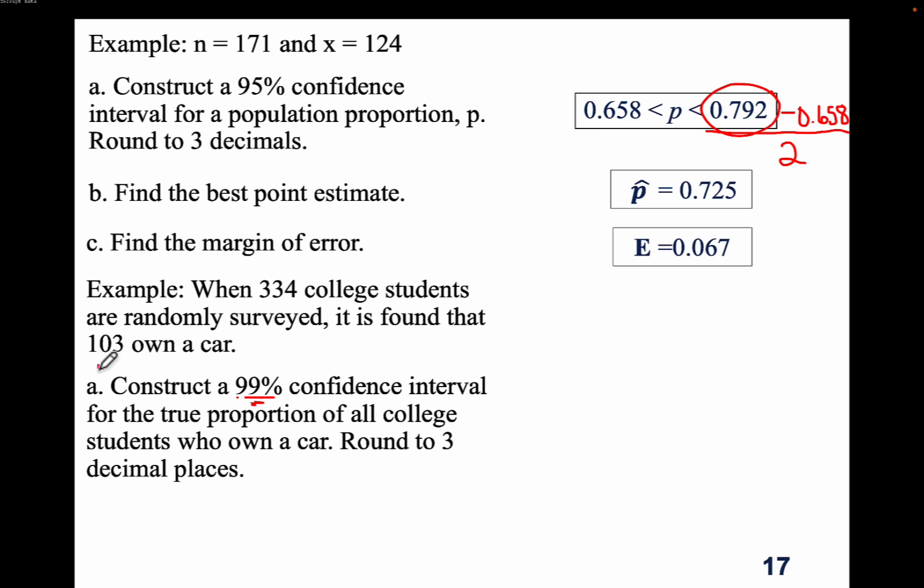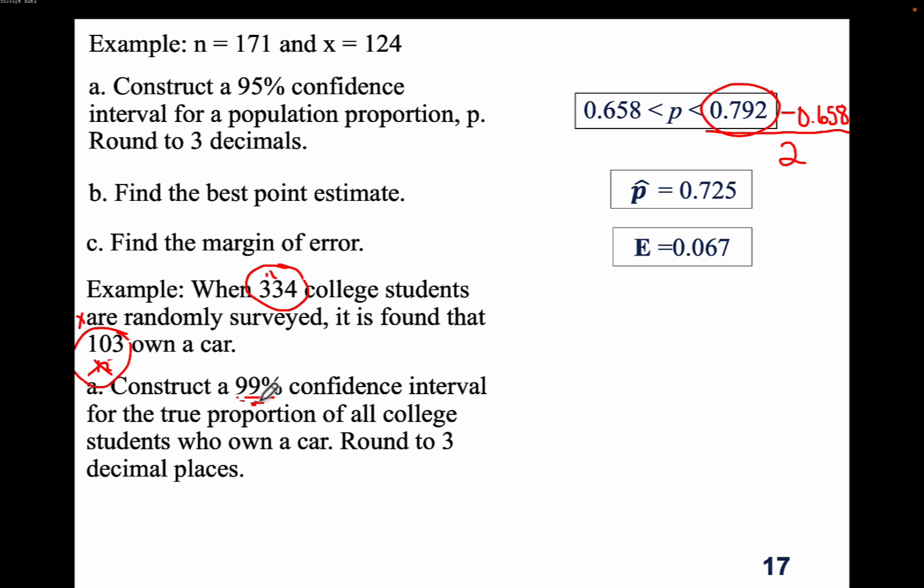So own a car was just set as our success. That is X, and N is the number that we surveyed, the sample size. So we have X, we have N, and we have our confidence level.